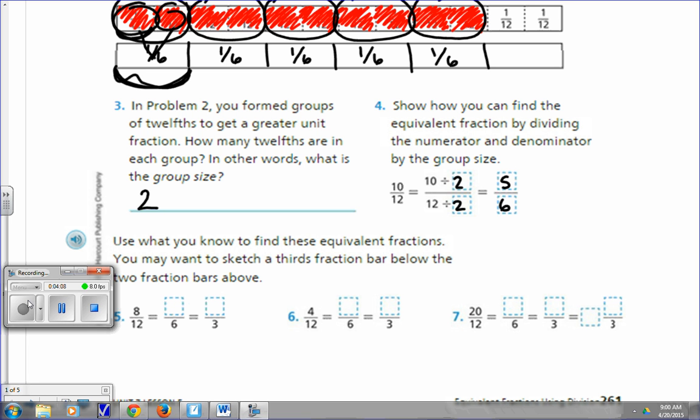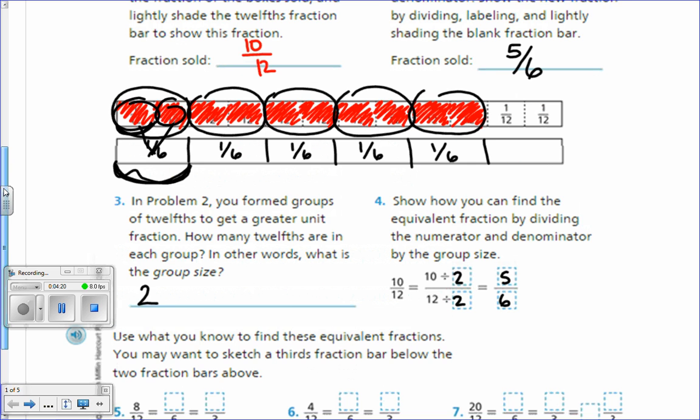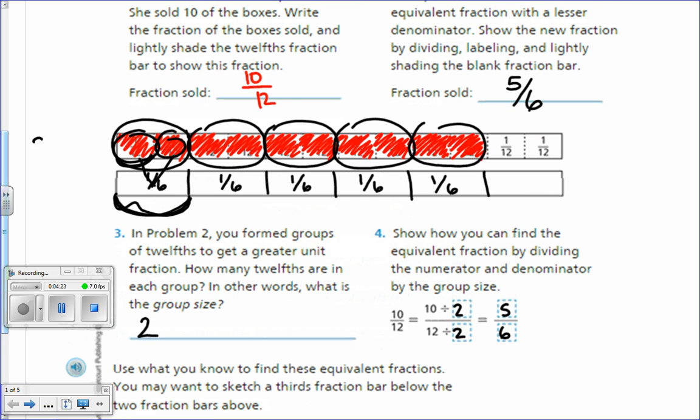Again, 10/12ths is equal to 5/6. Whatever you do to the numerator, you do to the denominator. What I want you to see is that you're going from a small unit fraction, 1/12 is teeny tiny, it's a little piece, to a bigger unit fraction. 1/6 is bigger, that's 1/6.